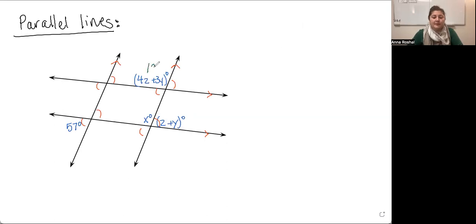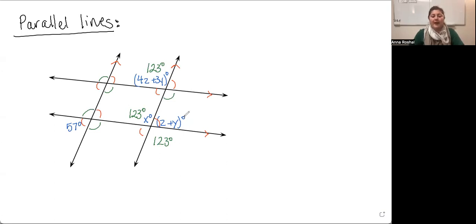This is going to be 123 degrees. This is going to be 123 degrees. And look, we just found what X is. This guy's going to be 123 degrees. The rest also are going to be 123 degrees, although I don't think it's worth spending time writing in all those other angles.